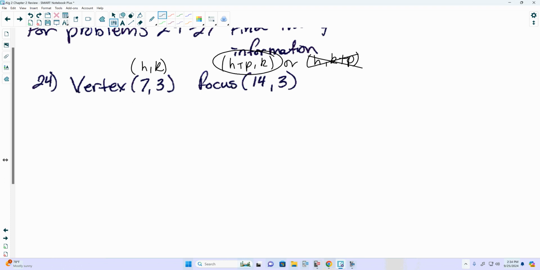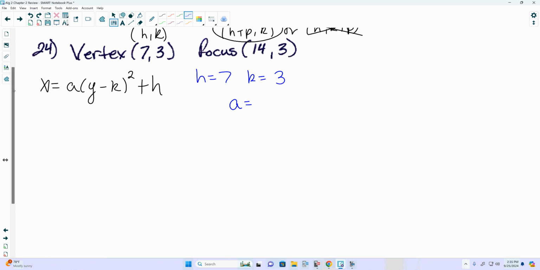Now that's nice because now we can look at the reference sheet again and see which one has H plus P comma K. Well, that's our x is equal to a times y minus k squared plus h. Now the vertex told us h and k. Well, the only value we're missing is a, yes?